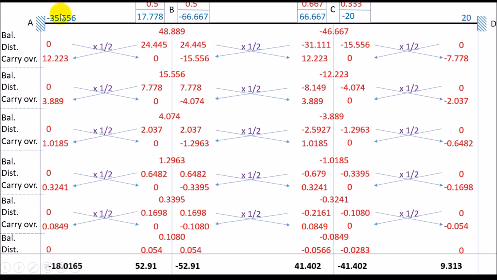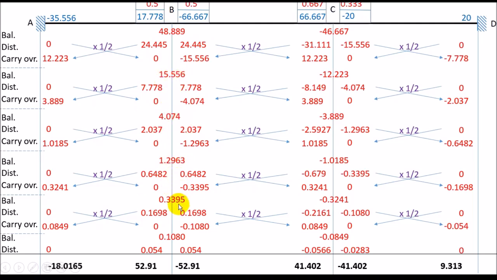By adding all these values, minus 35.556, 12.223, 3.889, 1.0185, 0.3241, 0.0849, we get minus 18.0165. Here again when we add all the values to the left hand side, the middle values are not to be added.